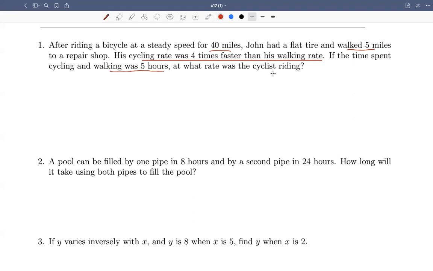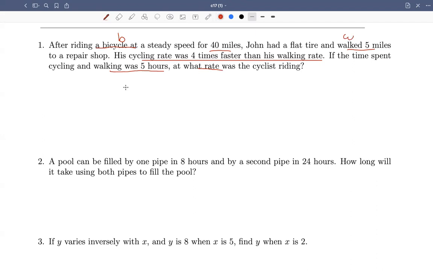So basically, he bicycled, he walked, right? Because we're looking for the speed, the rate, whenever we see rate of change, the speed of doing something, let's call the bicycling speed B.